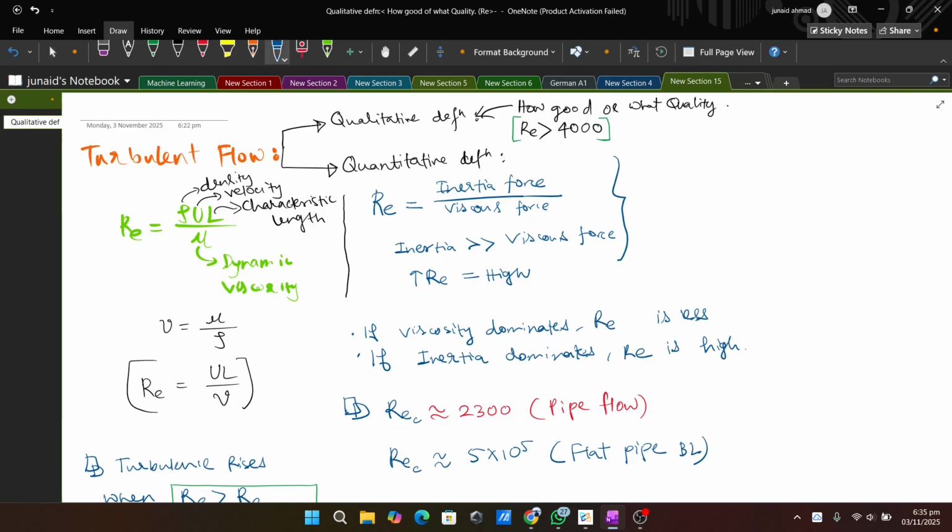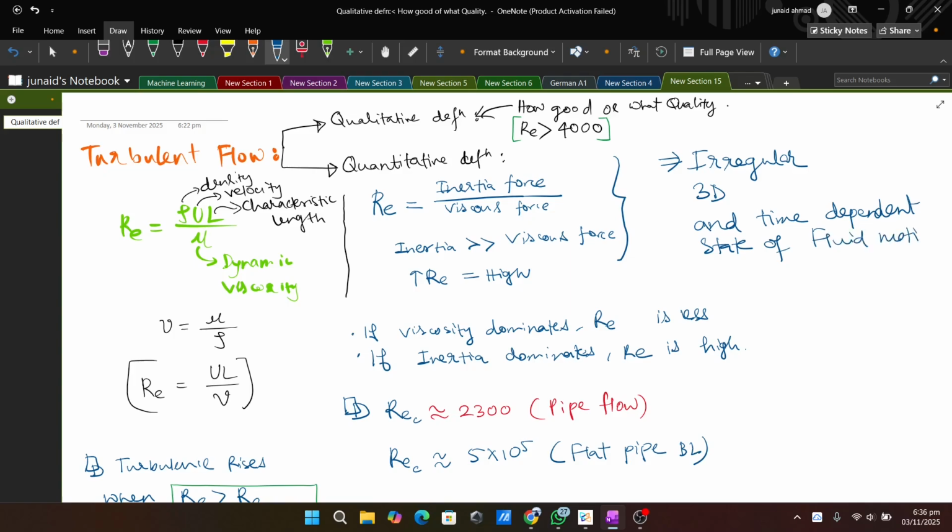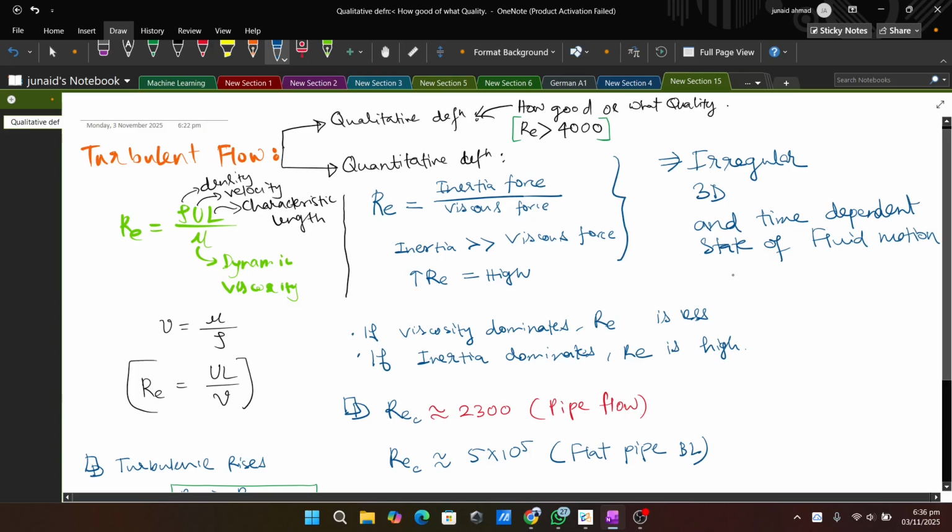Turbulence is, firstly, an irregular, three-dimensional, and time-dependent state of fluid motion, characterized by random fluctuations.